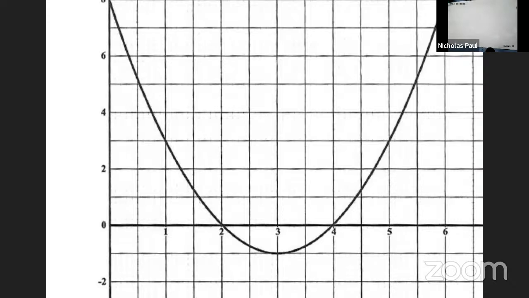X is 3, y is minus 1, correct? So you're reading off this, right? That value there would have been 3, minus 1.